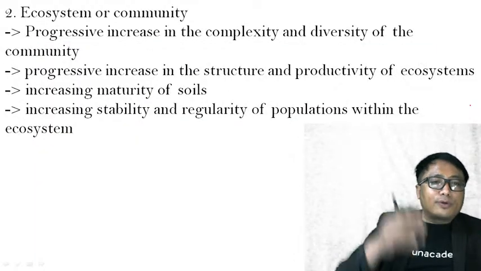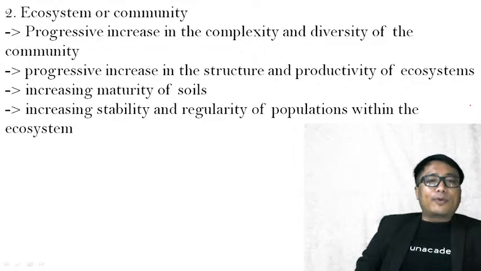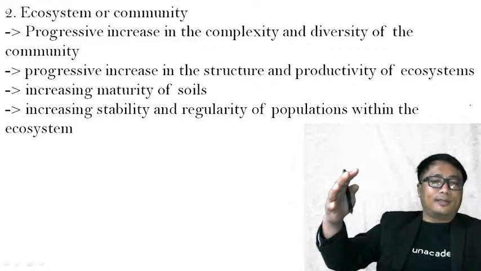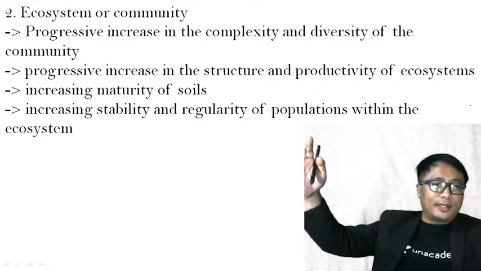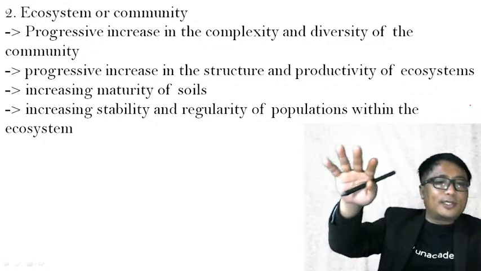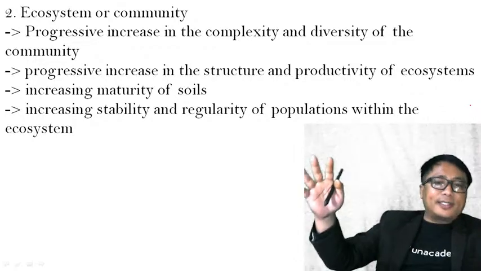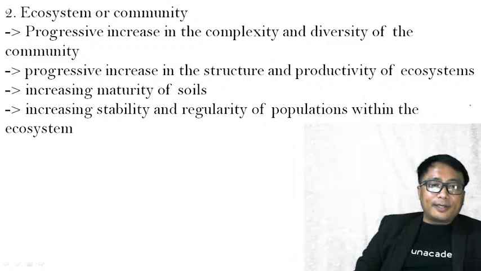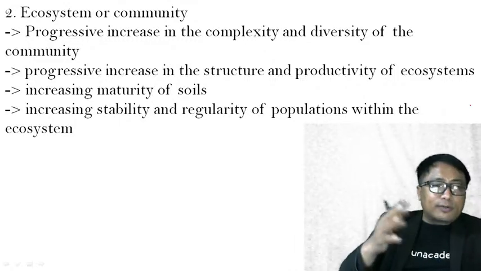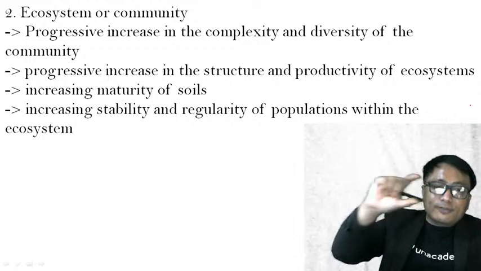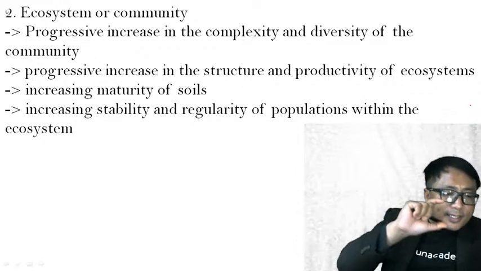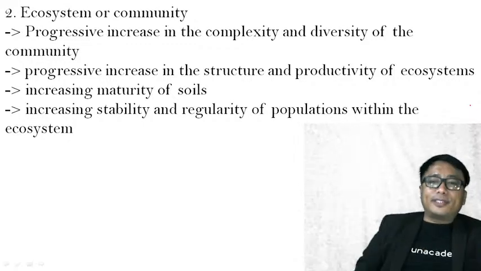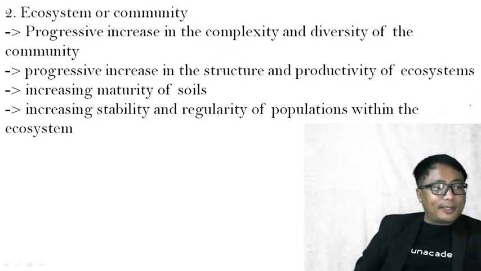When it comes to the ecosystem or community level, a progressive increase in the complexity and diversity of the community will result in this pattern of succession. Now, a progressive increase in the structure and the productivity of the ecosystem will be there. Increasing maturity of the soil, that is the soil horizon and the age of the soil itself. Increasing stability and regularity of population within the ecosystem will be there.